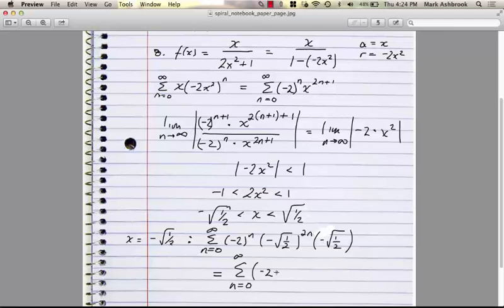So we're going to have negative 2 times this thing squared, which would be positive 1/2, and that all to the n. But then times another negative square root of 1/2. And so this is just then negative 1 to the n.